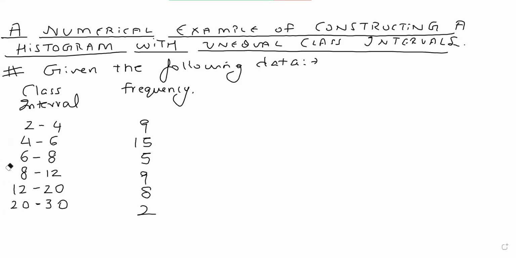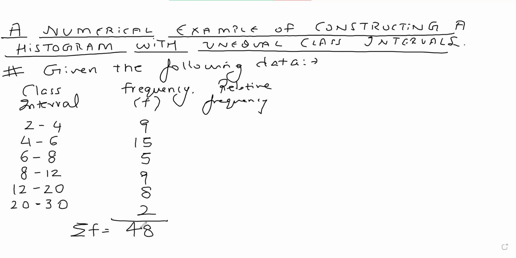Step number 1, I calculate the total frequency and the relative frequency. First of all, when I add up all the frequencies, what do I get? 9, 15 makes 24, 5 more is 29, then 38, 46, 48.